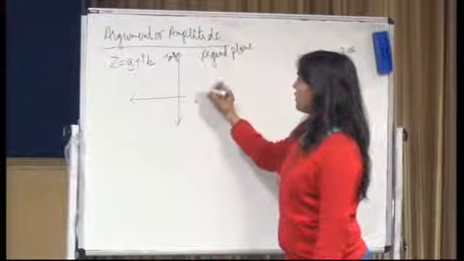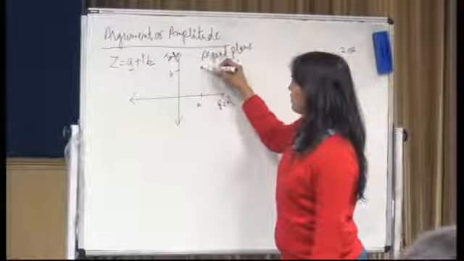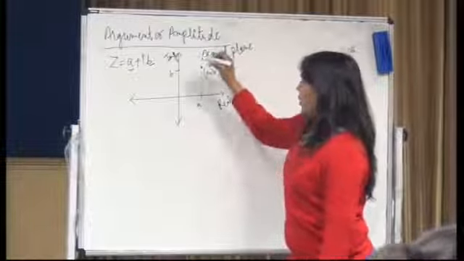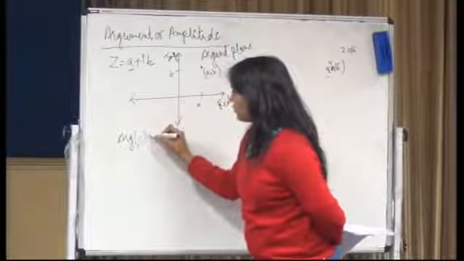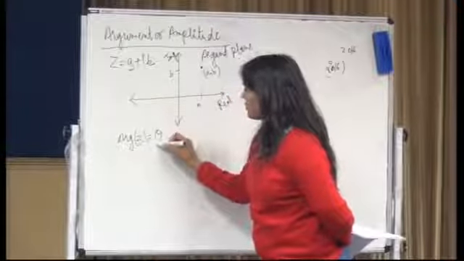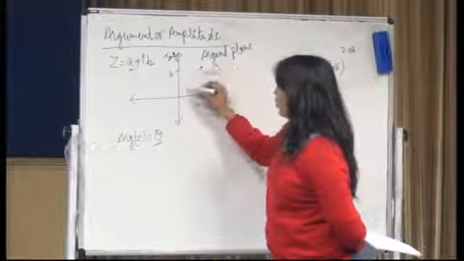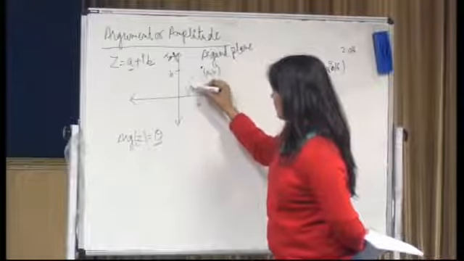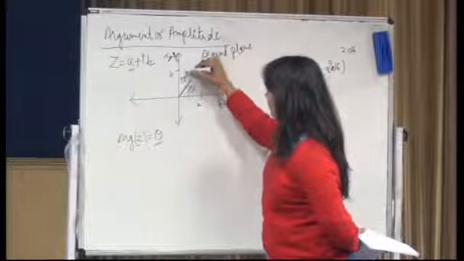This is A, this is B, this is the point. So argument of Z, this is the notation, is basically an angle. And which angle is it? This is important. This is the angle and this is the radius vector.